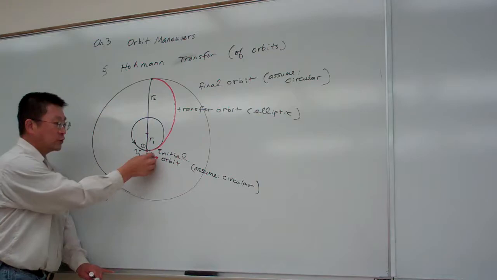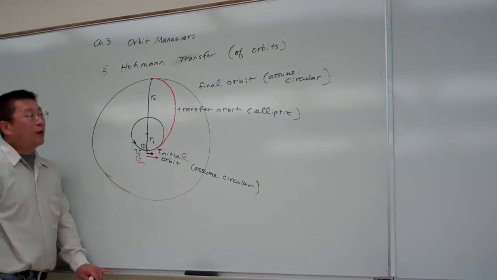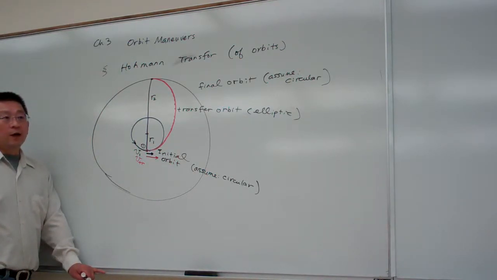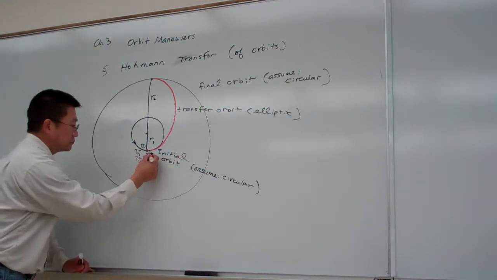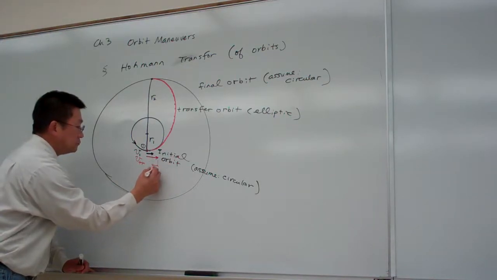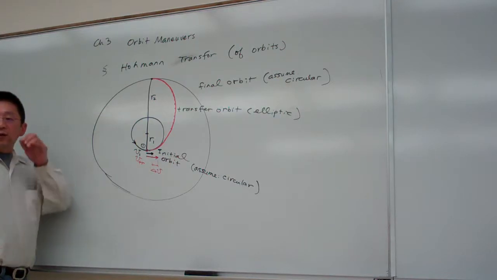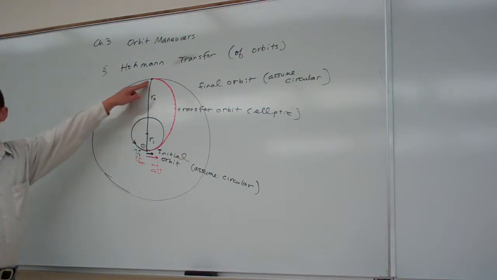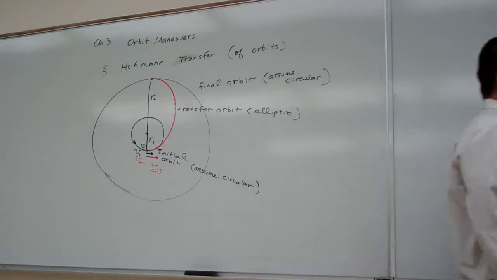The impulse produces a sudden change in velocity, given by this delta v. This chapter will focus on how to calculate the impulse delta v. Most of the topics in this chapter are about learning how to calculate delta v. Okay, so that is the whole highlight.